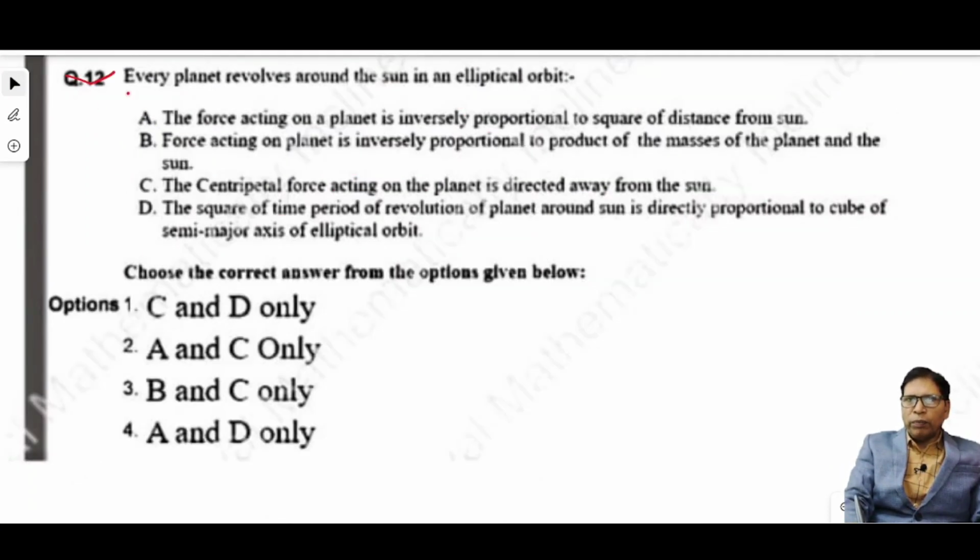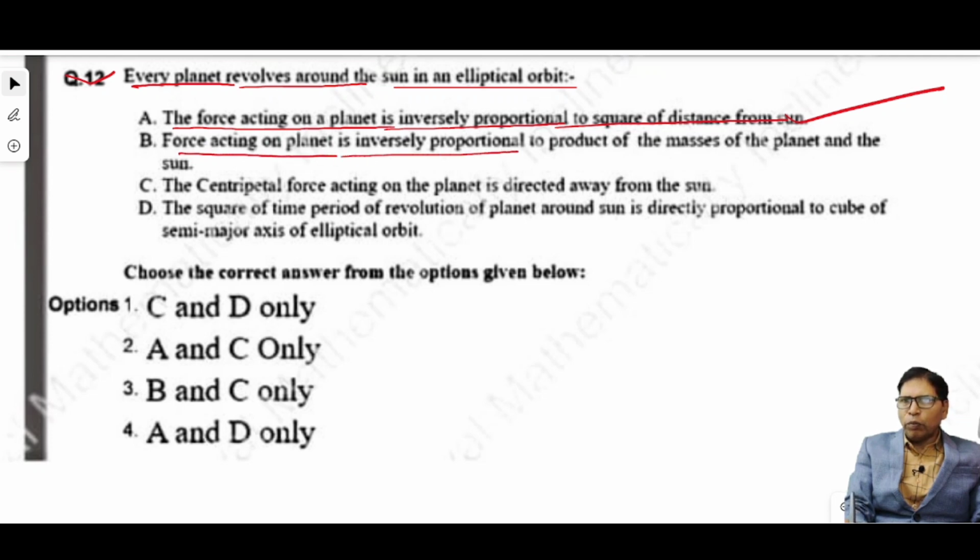Now, question 12. Every planet revolves around the sun in an elliptical orbit. Look at this. The force acting on the planet is inversely proportional to the square of the distance from the sun. Yes, it is the correct statement. Now, the force acting on the planet is inversely proportional to the product of the masses of the planet and the sun. Okay, this is the wrong statement. This is directly proportional. So this is the wrong statement.